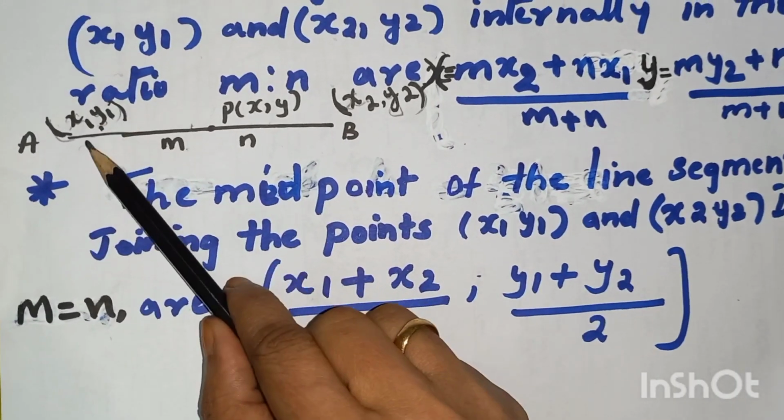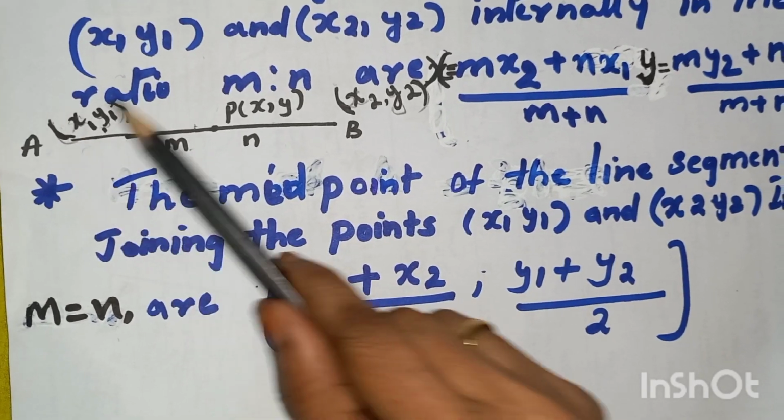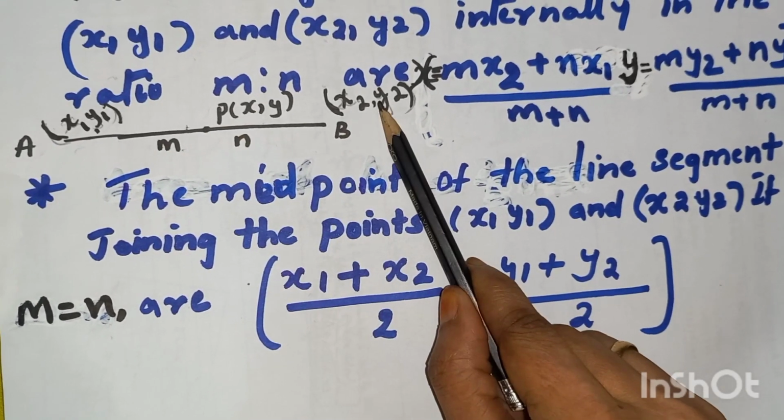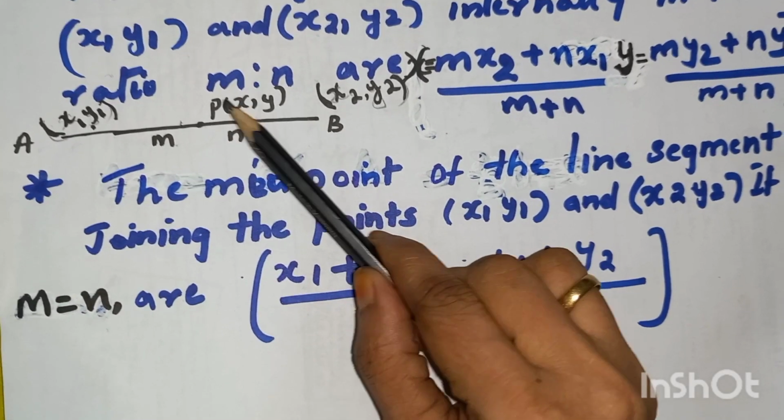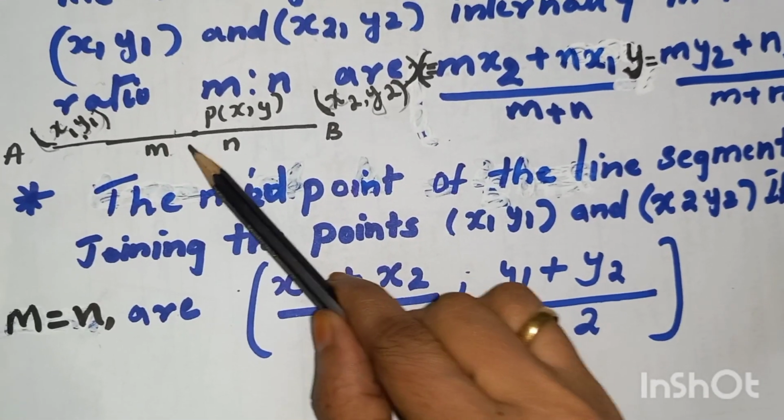Look at this figure. Suppose A and B, this is a line. This point P divides this line in the ratio m:n.